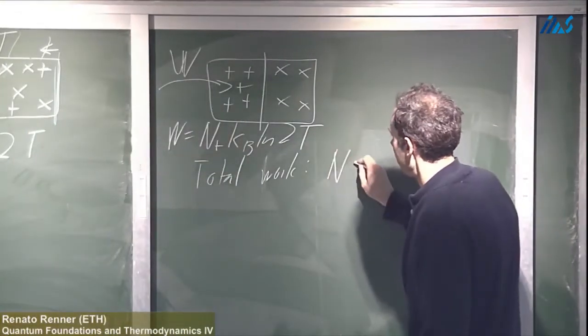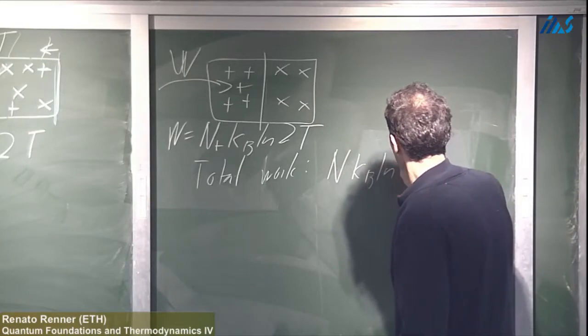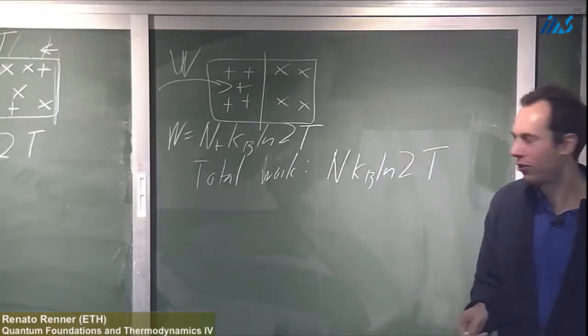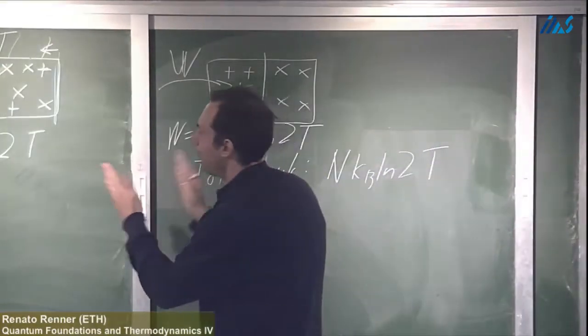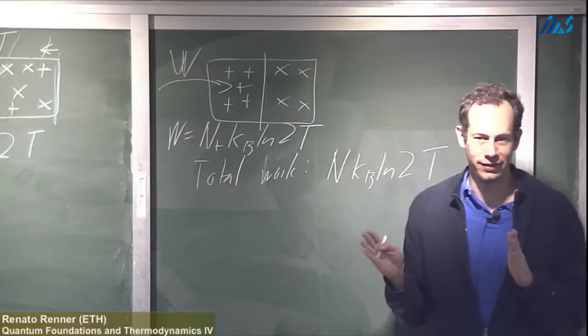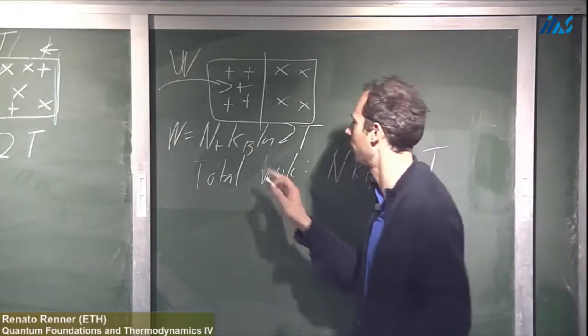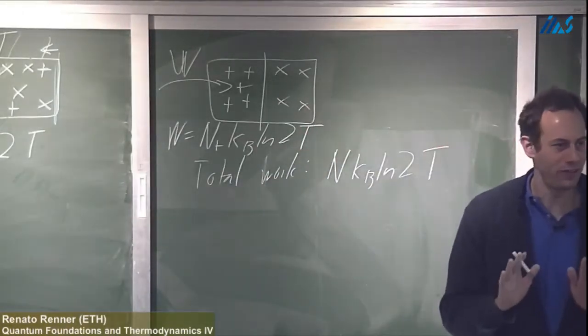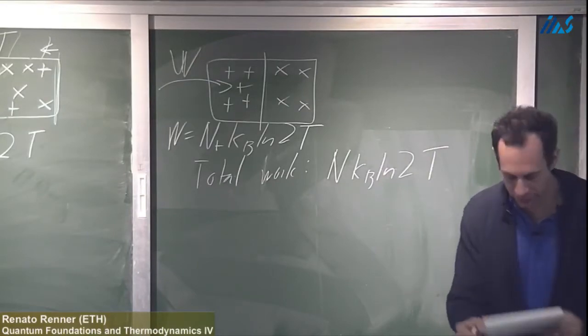So it's n times k_B ln 2 times T. So this is how much work it costs me to somehow separate, to unmix a gas consisting of two particles. That's also called the mixing entropy in thermodynamics. So the physicists among you have certainly seen that calculation before.